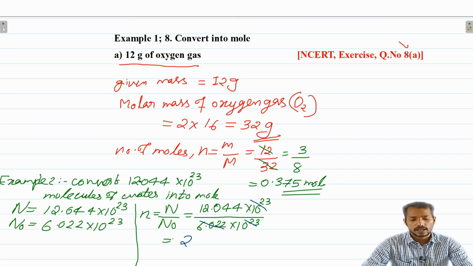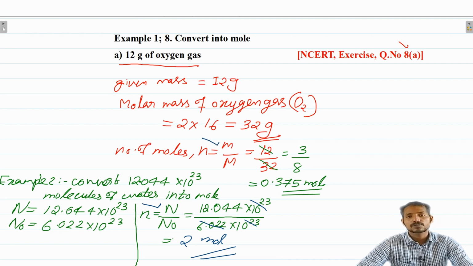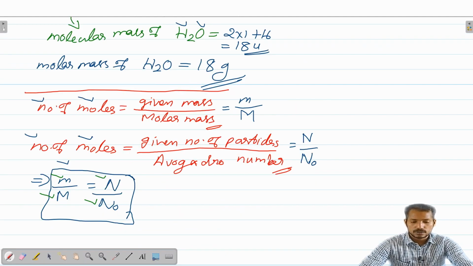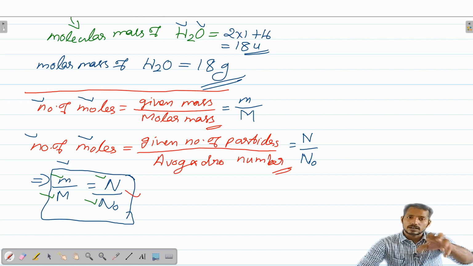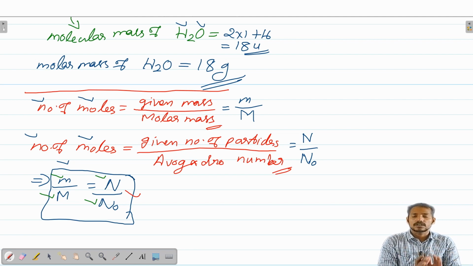Just try your calculation by yourself. So 2. We use this formula if the question involves number of particles, and we will use the other formula if the question involves mass of the substance, and we will use this one if the question involves both number of particles as well as mass of the substance. Clear? If you know this concept, it's very easy to understand mole.